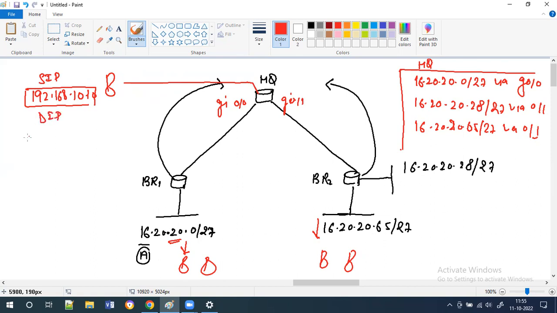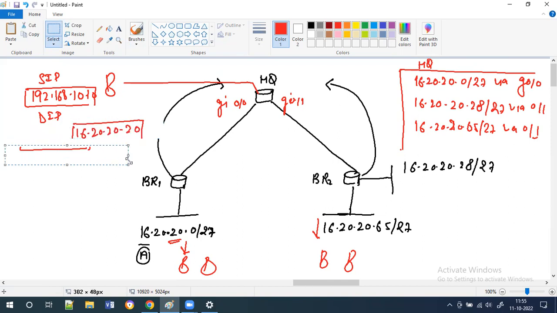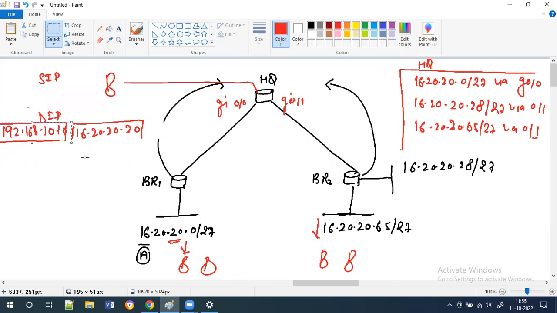The destination IP is 16.20.20, let's suppose .20. Correct? This is the destination IP address. Let's make it in the format: source IP, destination IP.